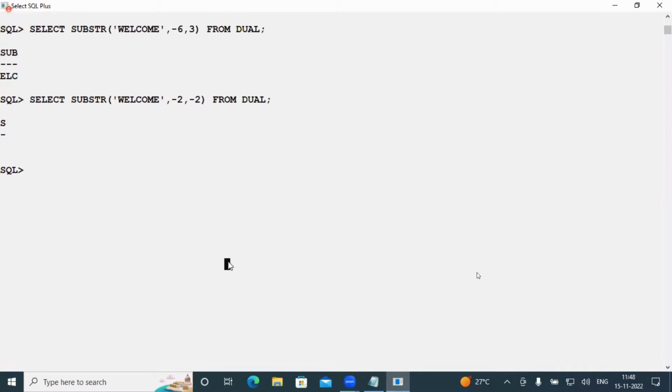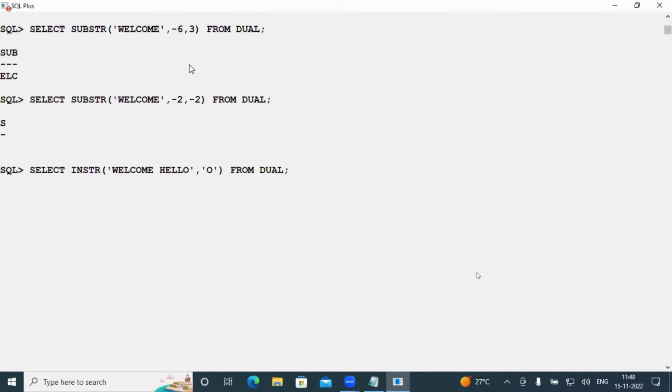Suppose I'm writing select InStr of 'welcome hello'. In this 'welcome hello' is my string. From this string I want to find the position number of the character O. But I'm not giving any starting position of the character, and I'm not giving any occurrence position of the character.